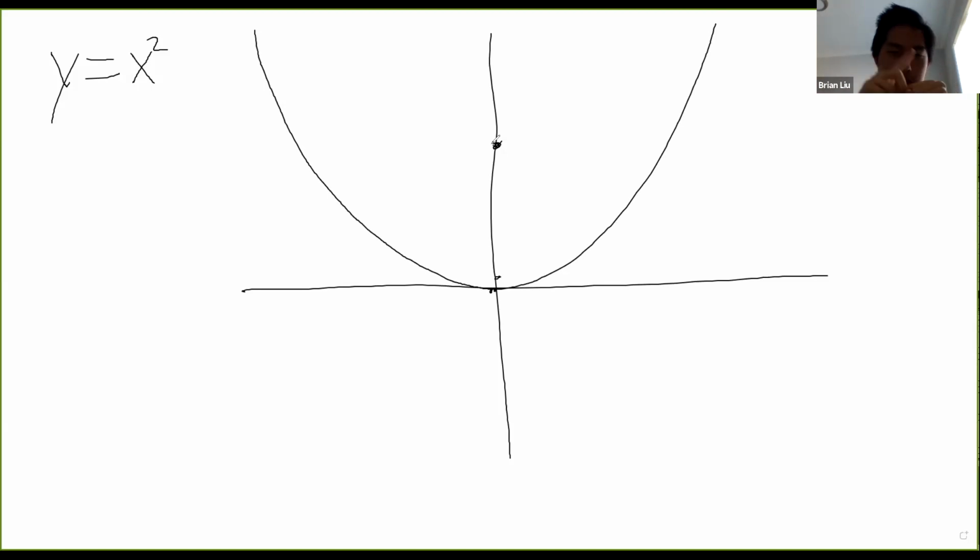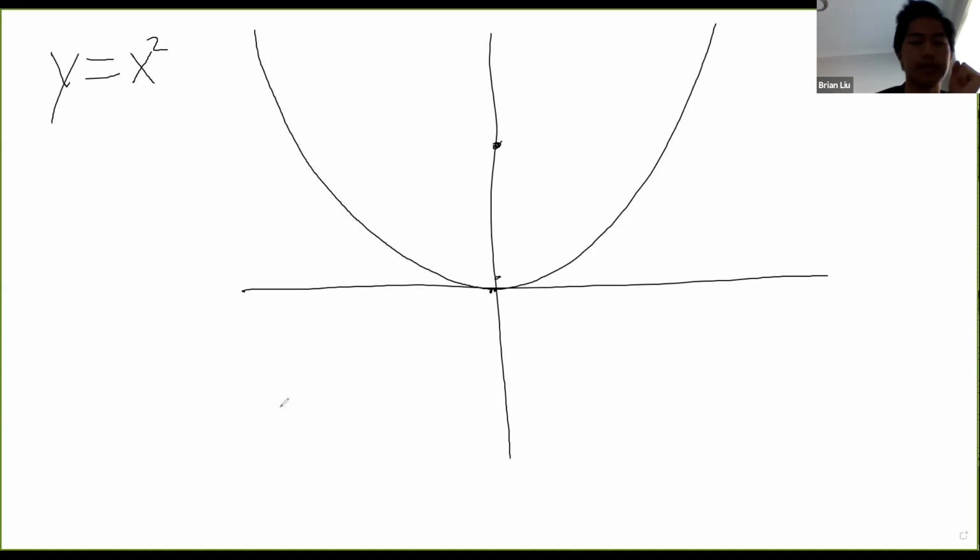For the ellipse, it wasn't everything symmetric around one center. We had two foci. So for the parabola as well, we have two things that define it. And the other one turns out not to be a point, but a line.